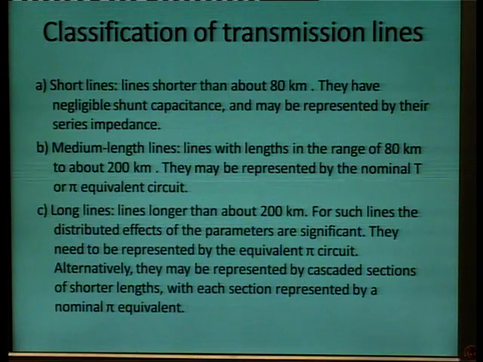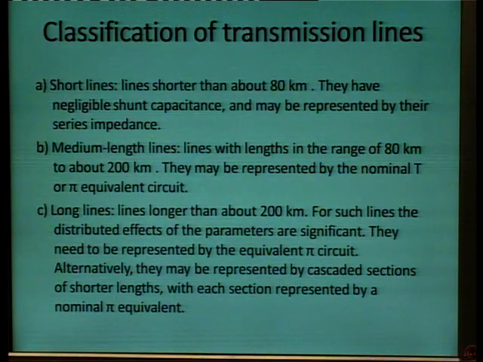For these lines, the distributed effects of the parameters are significant. We have to consider the impedance and the admittance to be uniformly distributed over the line, or they have to be represented by equivalent pi circuits.